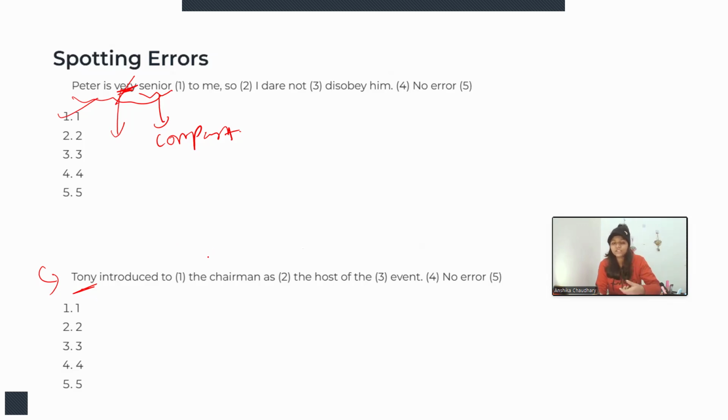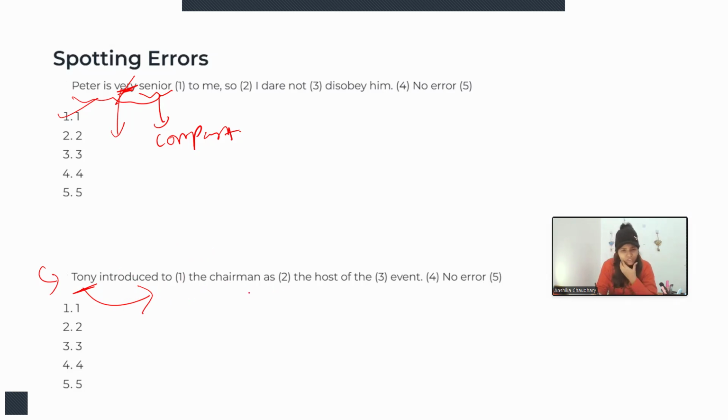For you, yourself. He, himself. She, herself. For Tony, it would be himself because he is a male, and for a male we use himself, right? So here, Tony introduced himself.